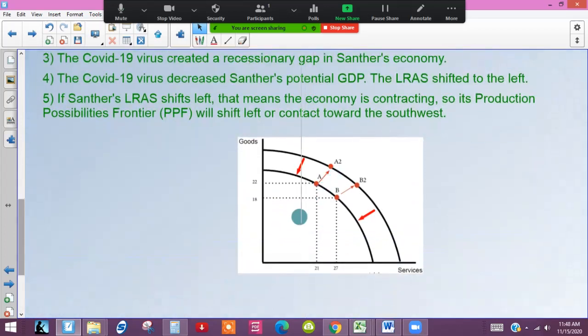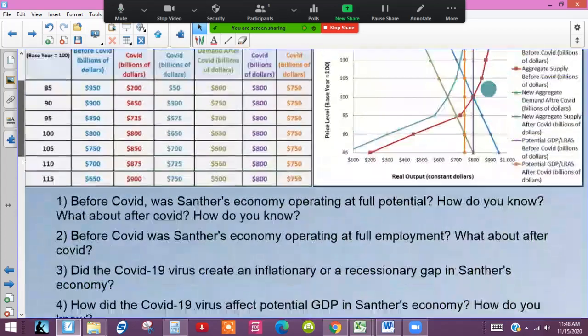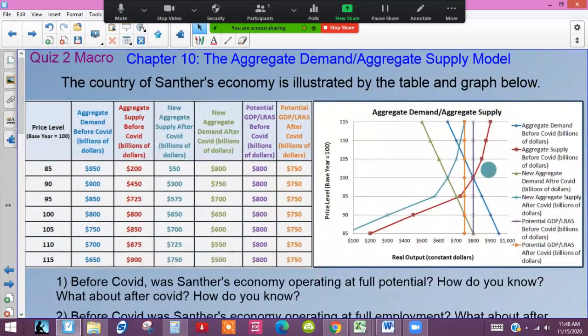So it's going to contract. Now, fair warning. The quiz question that you have is going to be the same, same economy, Santhar, but the before and after is going to be before an effective vaccine is distributed throughout the entire population, and then after the vaccine for COVID is distributed throughout the entire population.